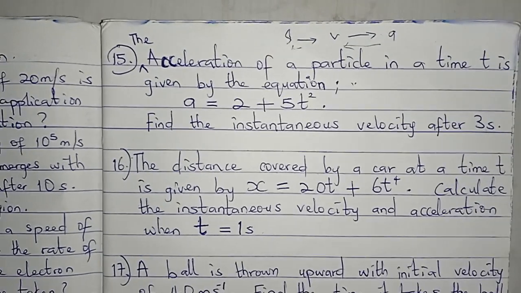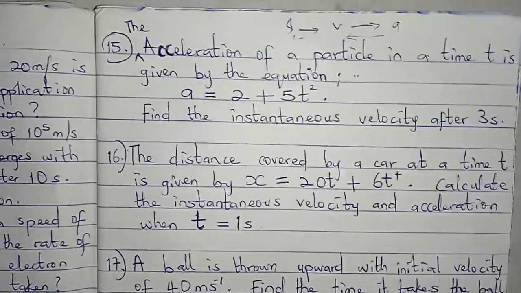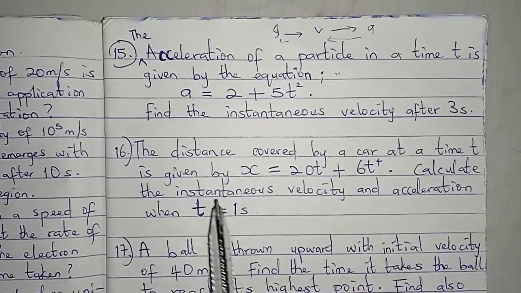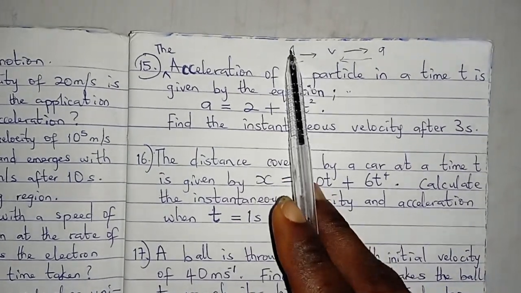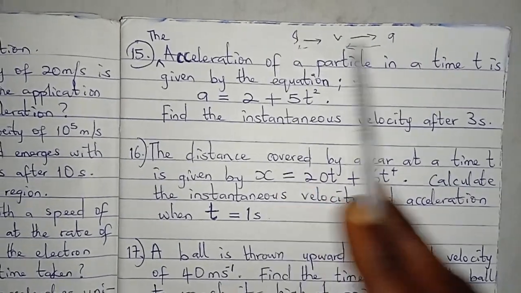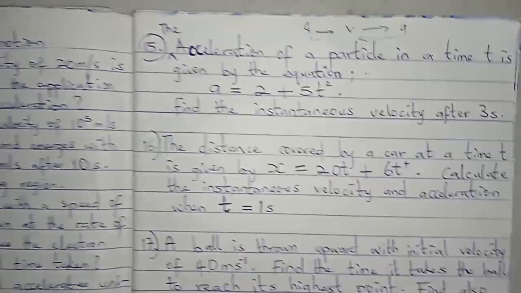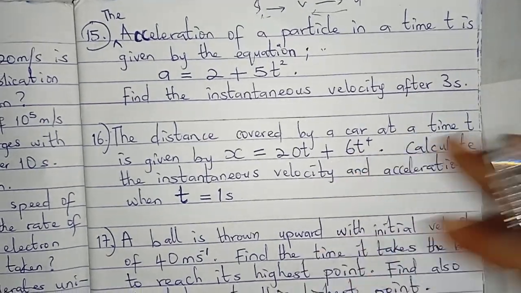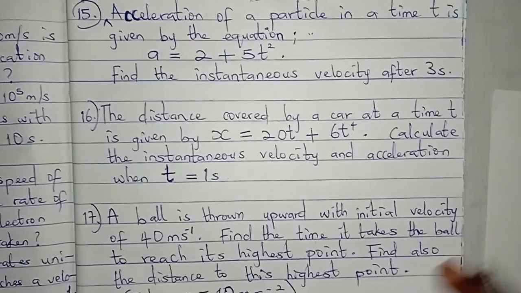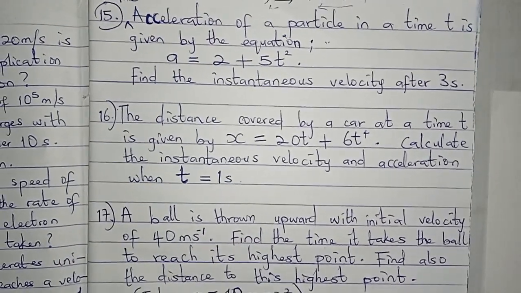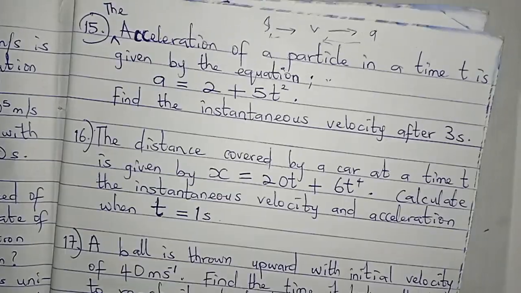Calculate the instantaneous velocity and acceleration when t equals 1. Notice that we are at distance, moving this way, so we differentiate. From small to big, differentiate. Big to small, integrate.